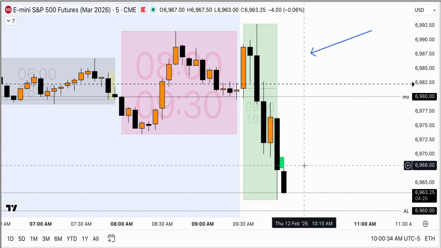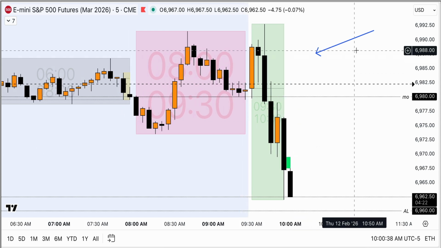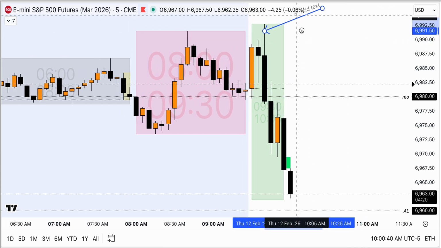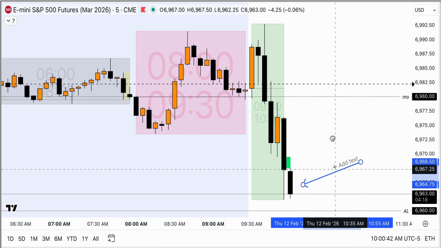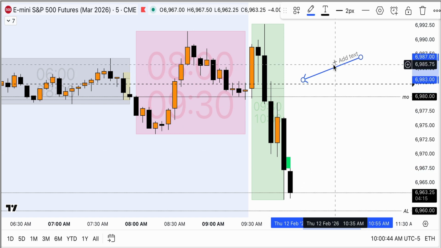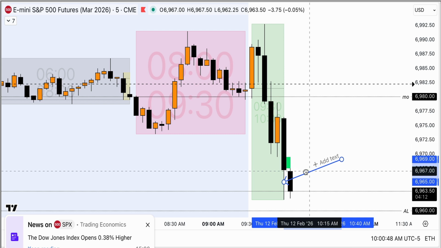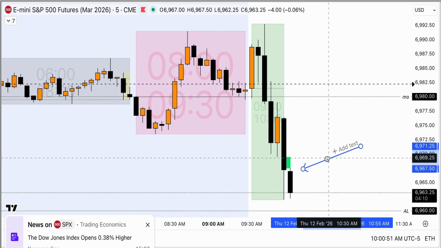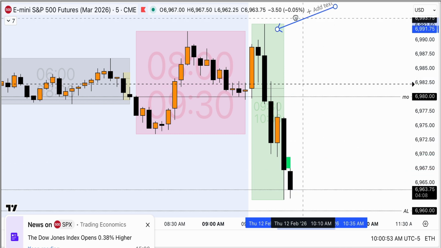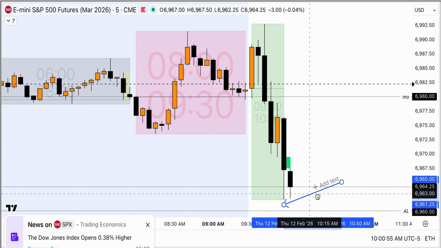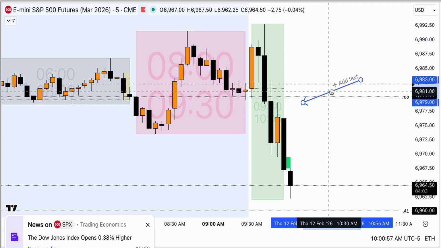Okay, so it's 10 a.m. We've done our 30 minutes and got very clear direction. This is just in session AM. What we need is a confirmed swing low. We've got a confirmed swing high. We just need a confirmed swing low and a retracement.